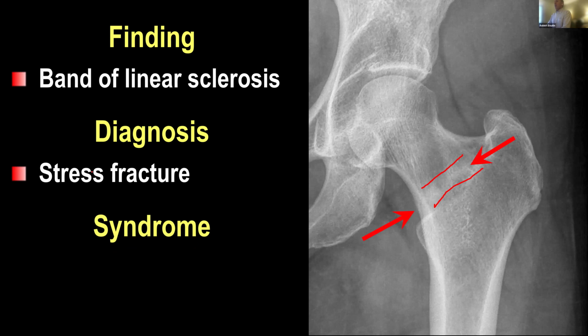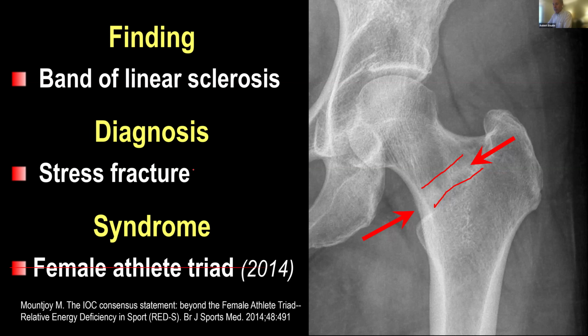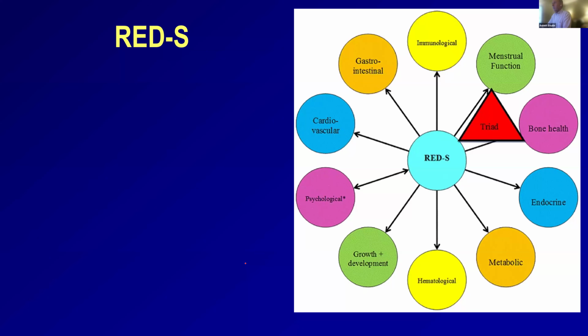And in a young woman athlete, you might want to think about what has traditionally been called female athlete triad, at least until 10 years ago, when it was rebranded in an International Olympic Committee consensus statement as relative energy deficiency in sport, or RED-S.